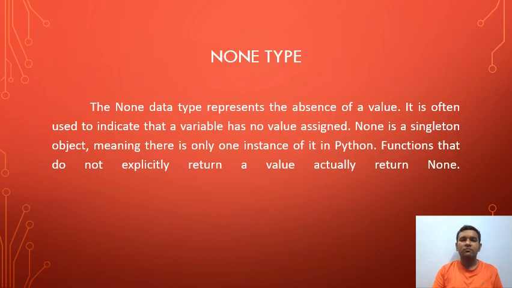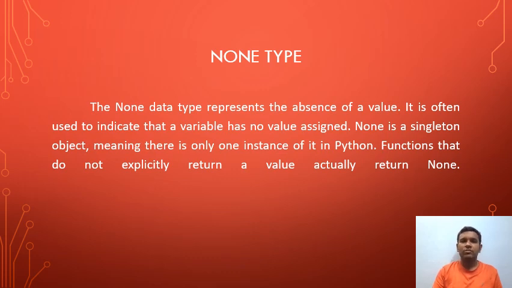Moving to the next one, that is None type. The None data type represents the absence of a value. It is often used to indicate that a variable has no value assigned. None is a singleton object, meaning there is only one instance of it in Python. Functions that do not explicitly return a value actually return None.